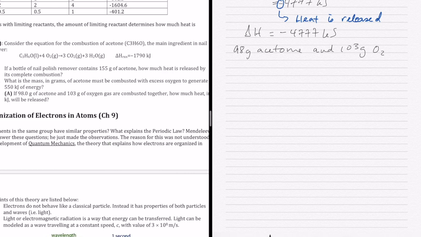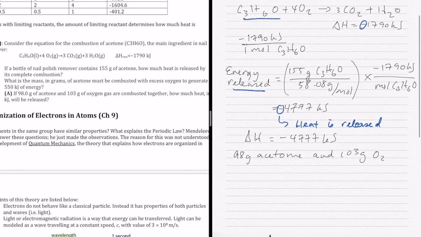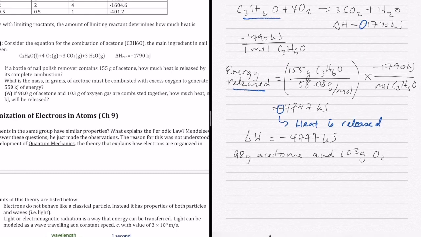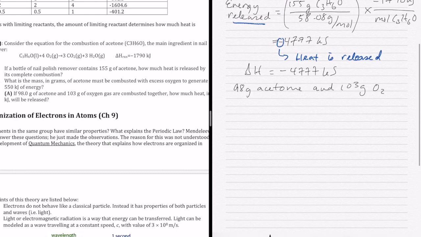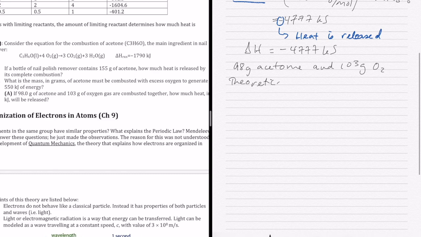You can find the limiting reactant the exact same way as in the limiting reactant calculation for products. In this case, you're going to find the theoretical yield of energy. So all you need to do is consider the heat produced if all acetone is used up.